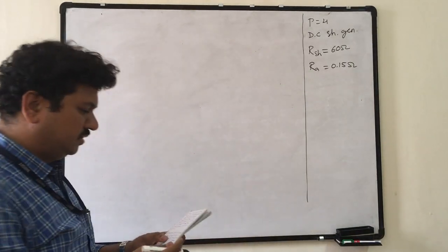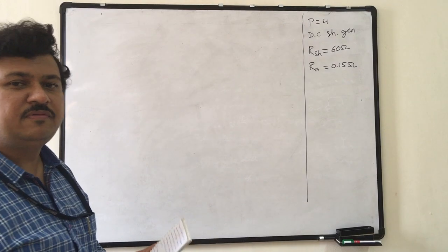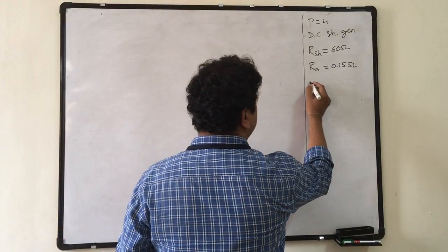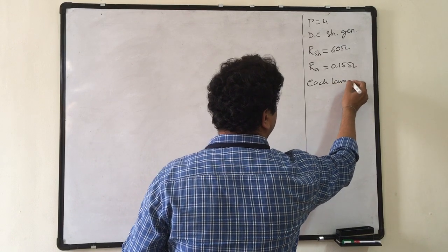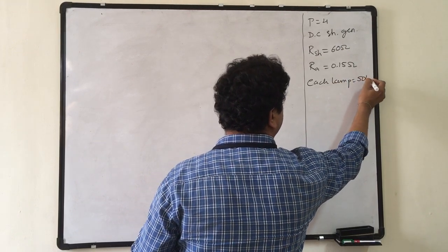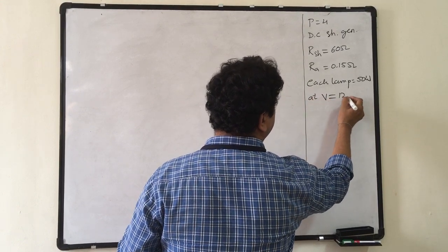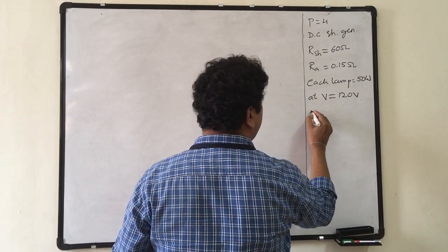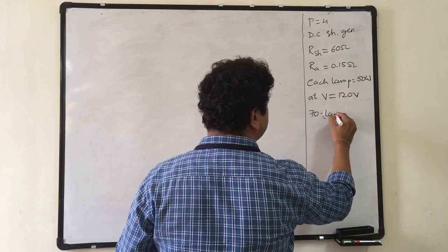The generator is supplying 70 lamps of 50 watts each at terminal voltage V is equals to 120 volts.